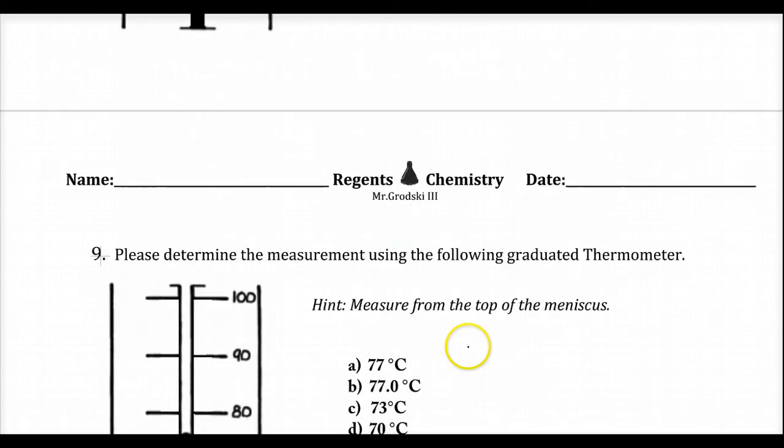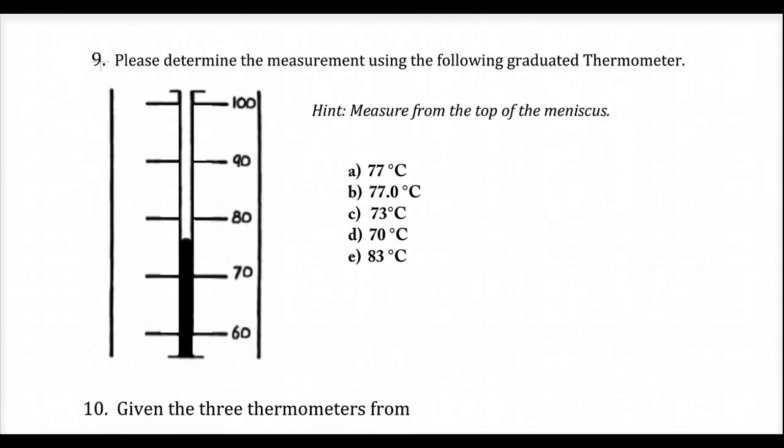All right, moving forward to number 9. We're going to measure this. What number am I certain of? I'm certain of at least 70. And then my guess in between the last calibration. Well, these are the last calibrations. Not very precise piece of equipment. So I'm going to guess a 7 in here. Not 0.7, 7. Right?